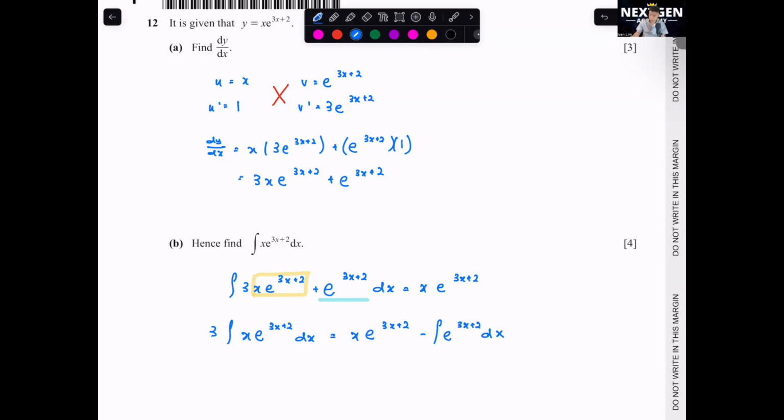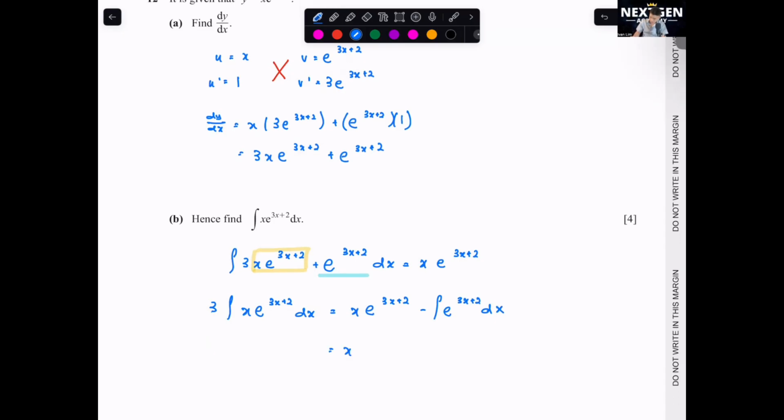This one we can integrate. So here will be e to the power of 3x plus 2. When we integrate e to the power of 3x plus 2, we will get 1 over 3 e to the power of 3x plus 2 plus c.